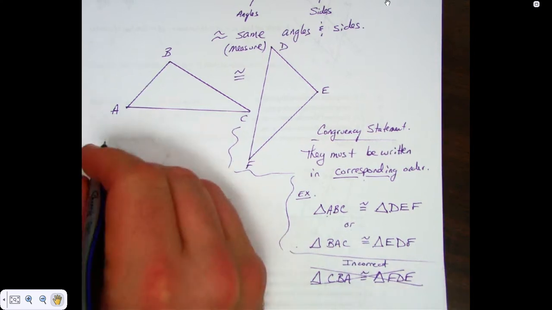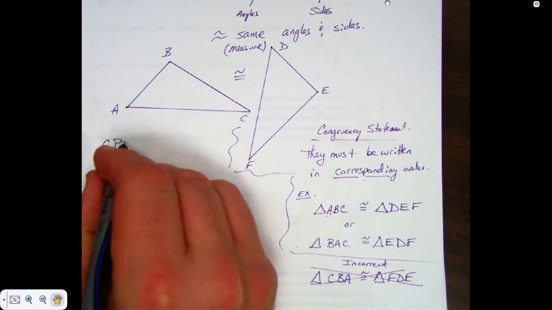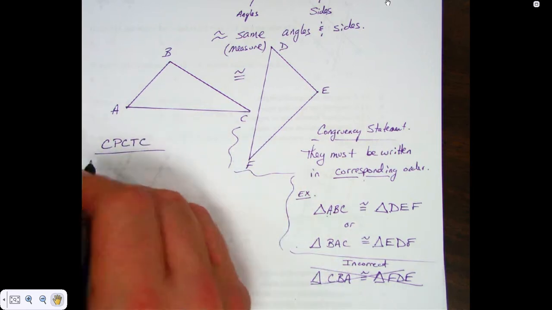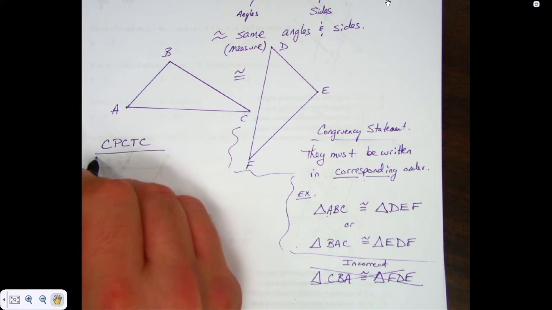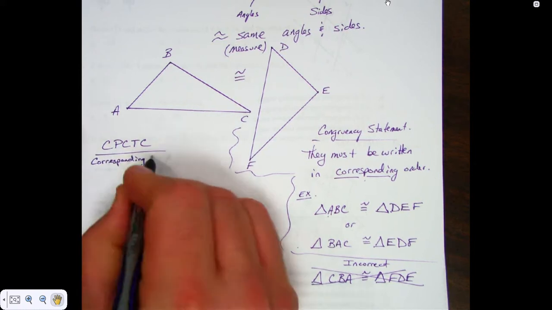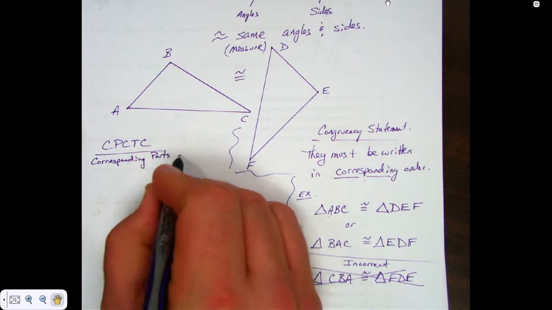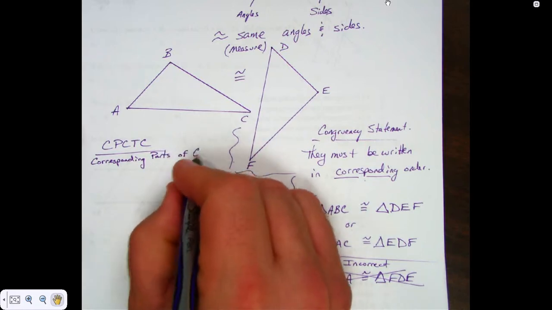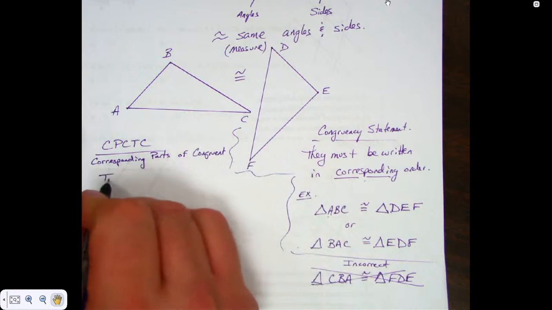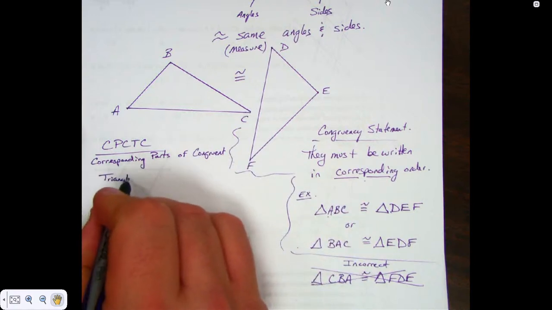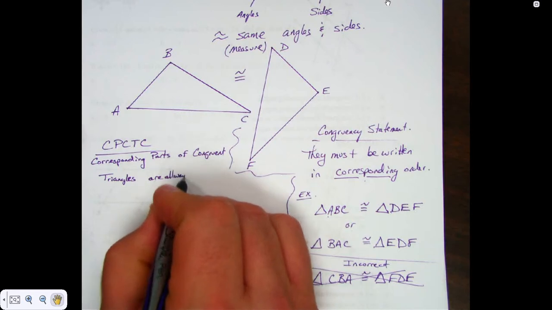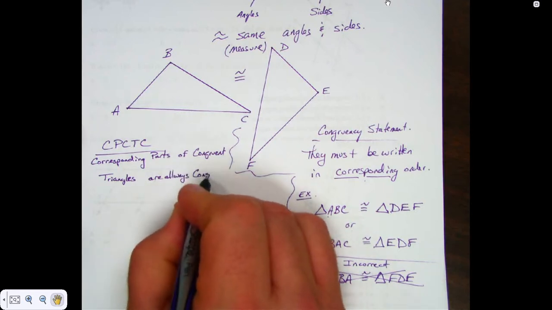Now, next thing we're going to talk about is this, CPCTC, which means corresponding parts of congruent triangles are always congruent.